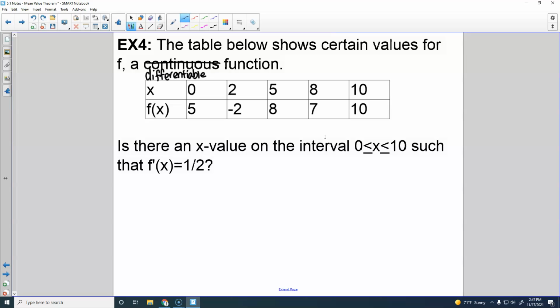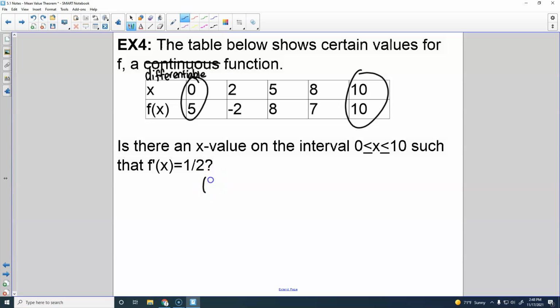Technically, if the slope between 0 and 2 is 1/2, or 0 and 5, or 0 and 8, or 2 and 8, between any 2 points on this graph, the mean value theorem would apply to this situation. But usually, they're going to give you the endpoints of the graph. So if we use the endpoints here, let's see if it works.